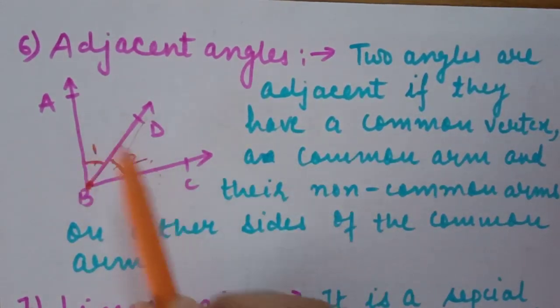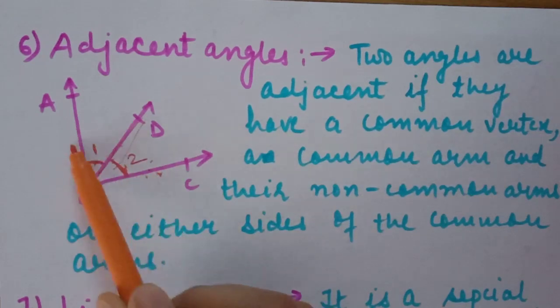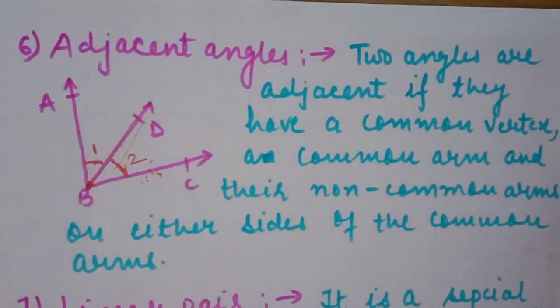And the two non-common arms are present on different sides of this common arm. So two angles which have one common vertex, one common arm, and two non-common arms present on either side of the common arm, we call them adjacent angles.